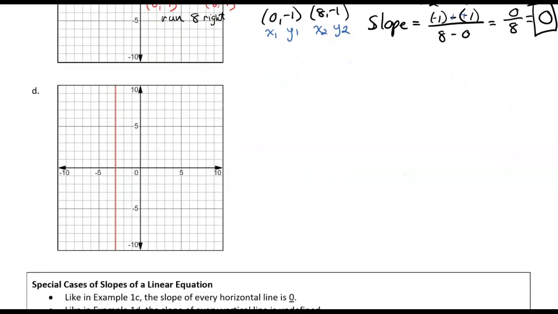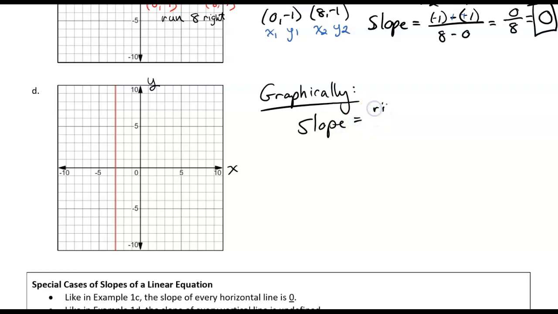But what happens in this last case? Let's look at part D. So now my line is going straight up and down. Well, graphically, it's going to work the same way. So graphically, let's find the rise over the run. Rise over run.